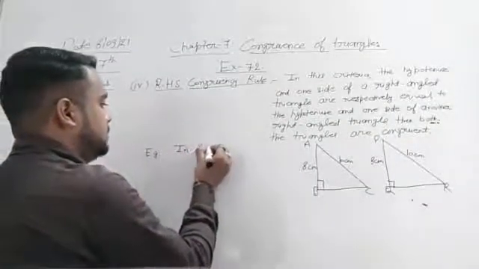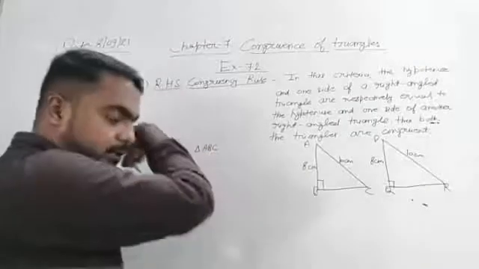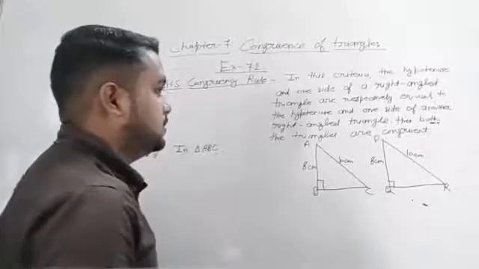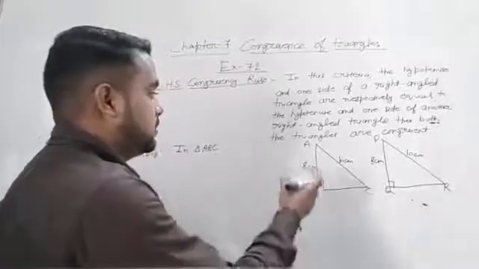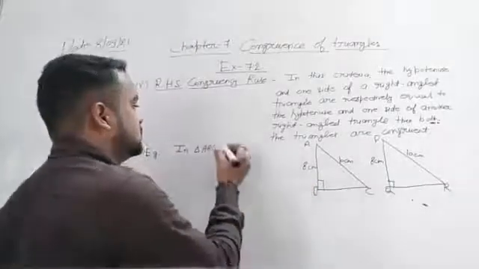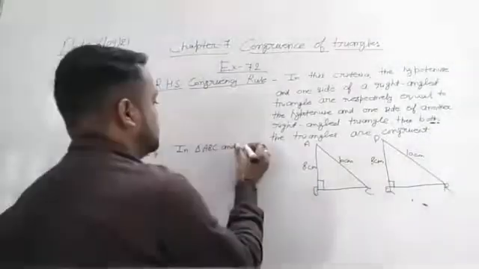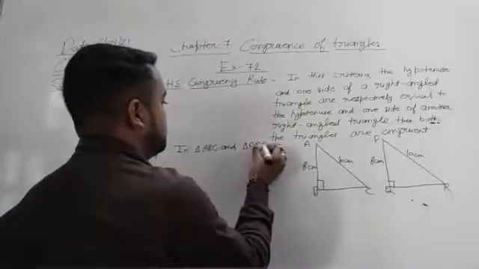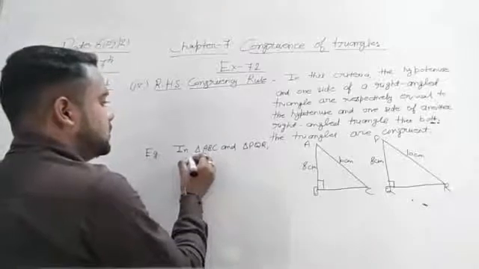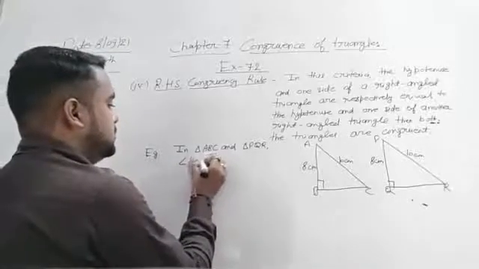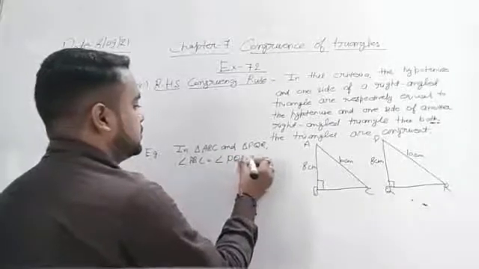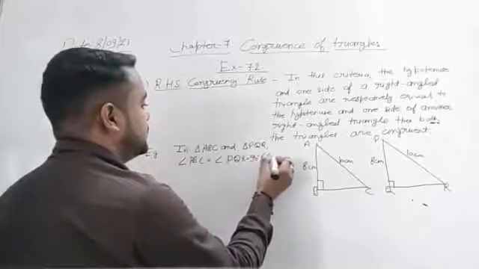Now we will check whether the RHS criteria is satisfied for triangle ABC and triangle PQR or not. Angle ABC is equal to angle PQR, which is 90 degree, given.